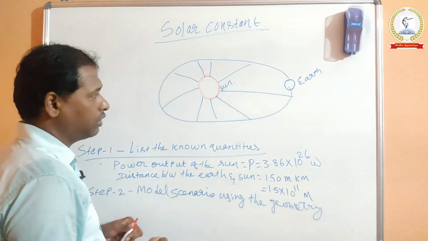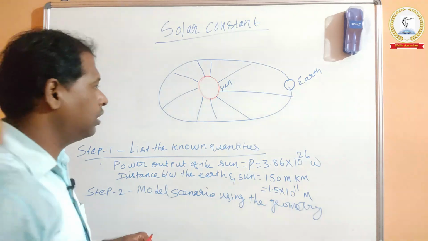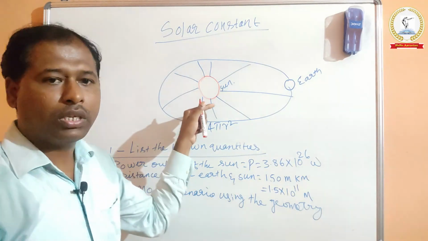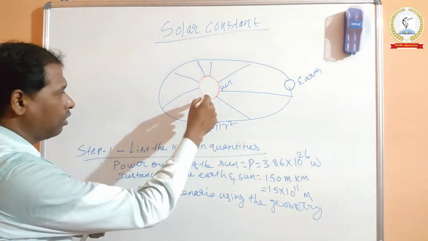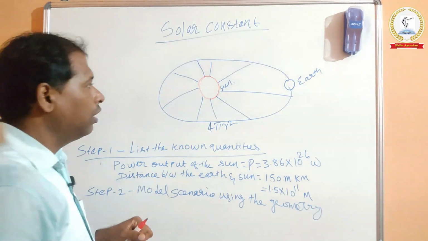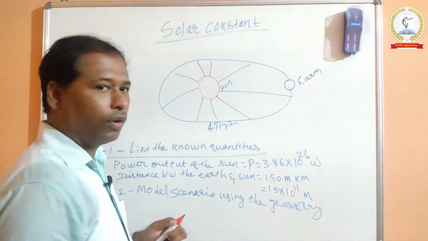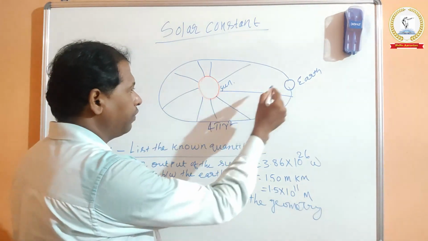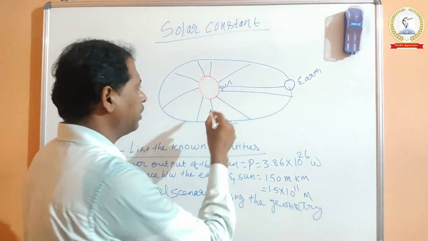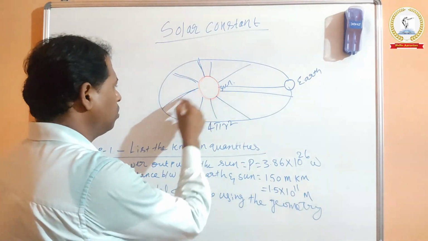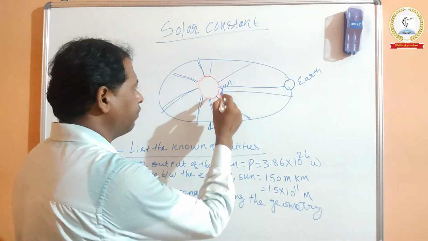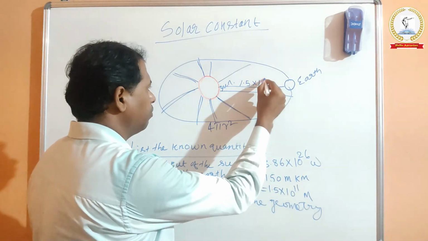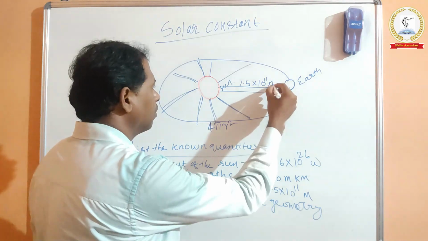The surface area of the sphere is 4πr squared, and the radius of this sphere is equal to the distance between the sun and the earth, that is 1.5 into 10 to the power of 11 meters.